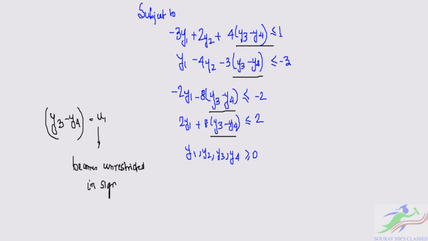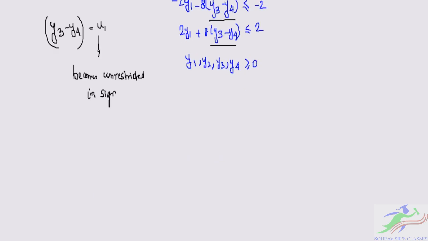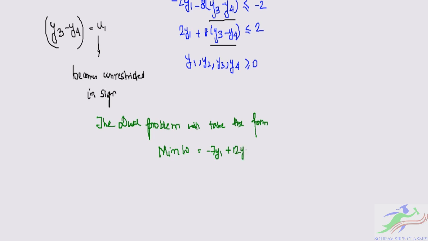So the above dual problem will take the form: minimize w, minus 7y1 plus 12y2 plus 10u1, subject to this equation.